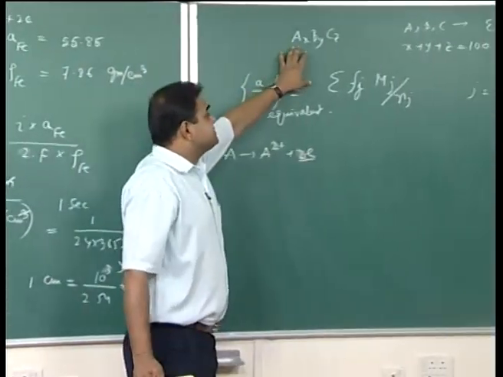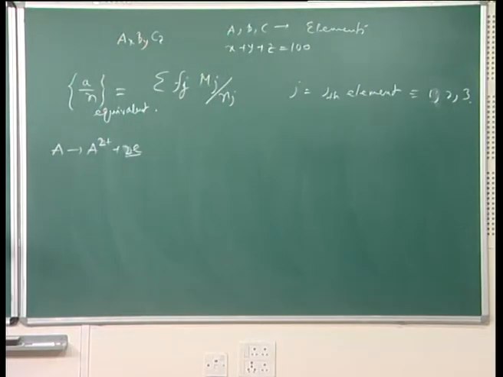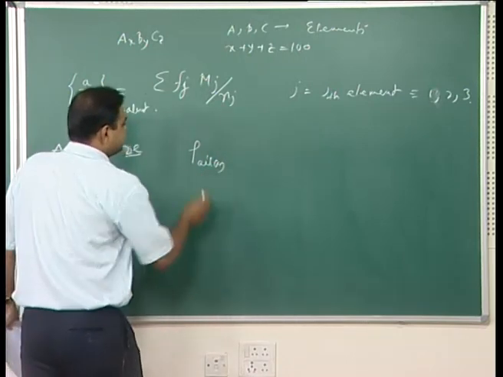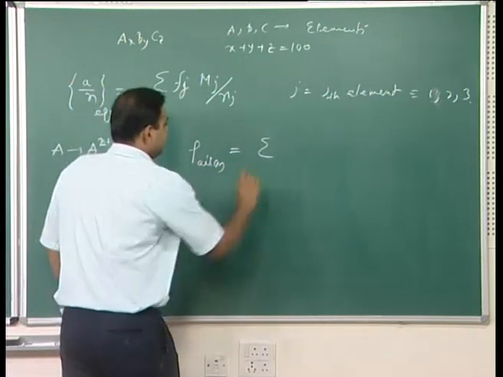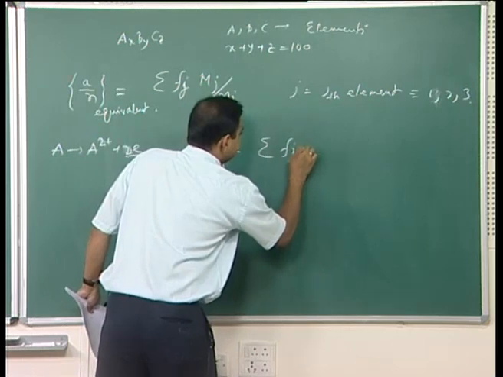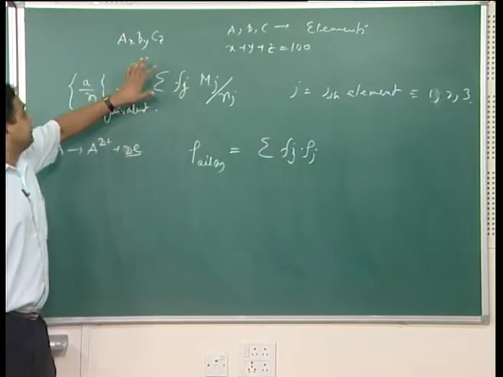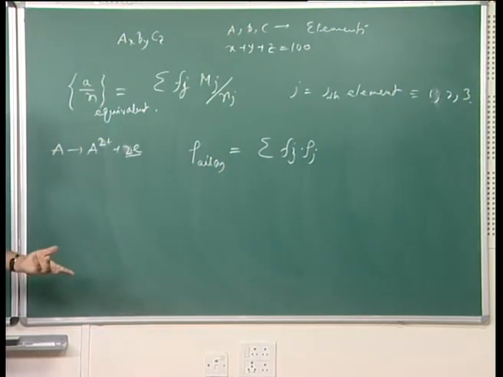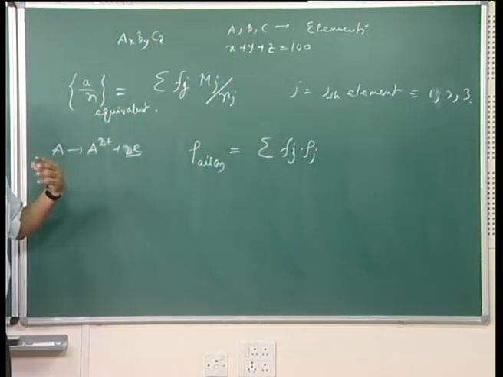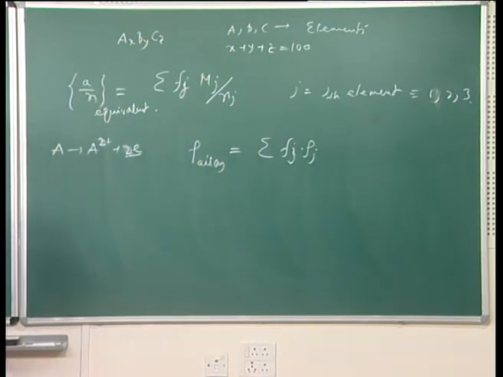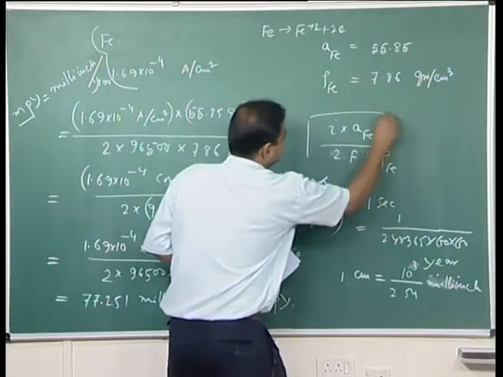You can find the density by experiment, but one way is to use another formula: the density of the alloy is the sum of F_j into rho_j. Here F_j is the fraction of the element you are considering and rho_j is the density of that jth element. Like that, you can find rho of the alloy. Since you have to use the formula, here it is written.